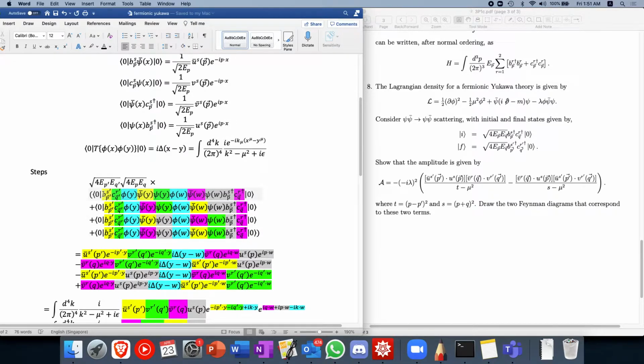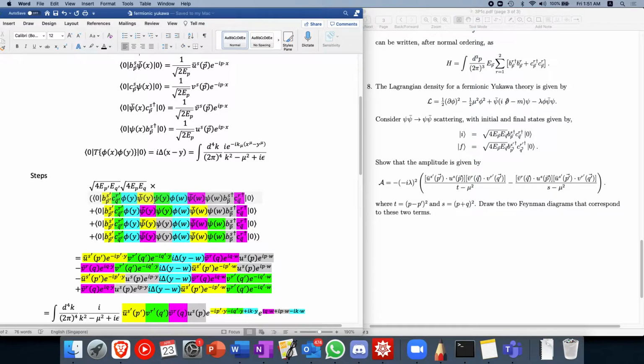So for the first term, we have a contraction of B with this bar term, and that corresponds to the first contraction over here, and that gives us this term in yellow. Then the second term is the green one, that corresponds to this guy, and that gives us this green guy.